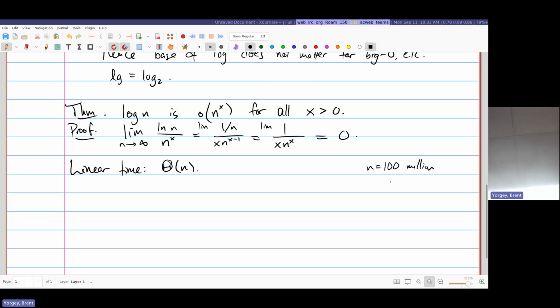So n equals 100 million in 1 second, approximately. Or again, if you had a list of all the humans on the planet and you wanted to process them using some linear time algorithm, maybe it would take like a minute. It's fine, no big deal.